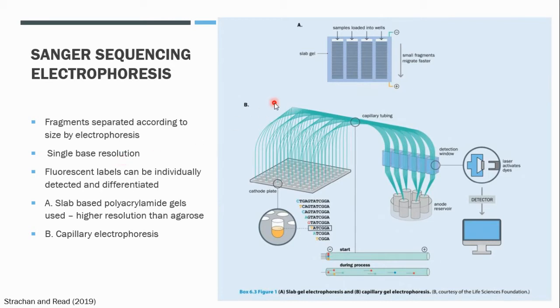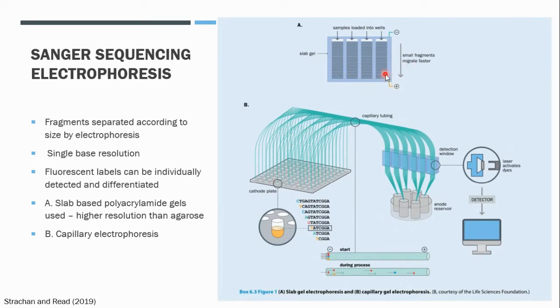The fragments are separated according to size, and here on top in part A of this diagram we have a slab gel. As you know, agarose gel electrophoresis cannot be used to differentiate between one base pair, so polyacrylamide gels are used in a Sanger sequencing reaction. The samples are loaded into the wells of a polyacrylamide gel, and as with all methods of gel electrophoresis, the smaller fragments will migrate faster.